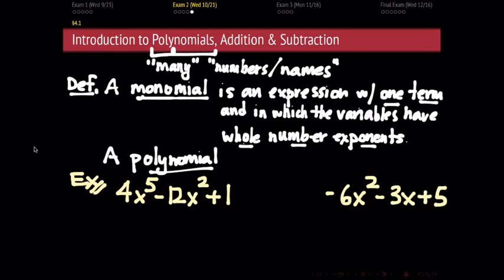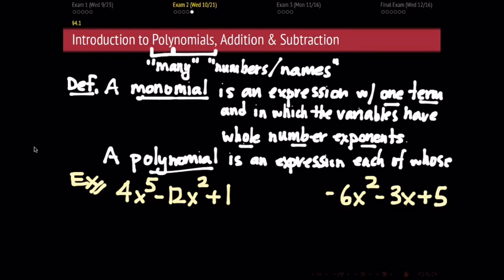A polynomial is an expression each of whose terms is a monomial. And so these two are examples of polynomials.